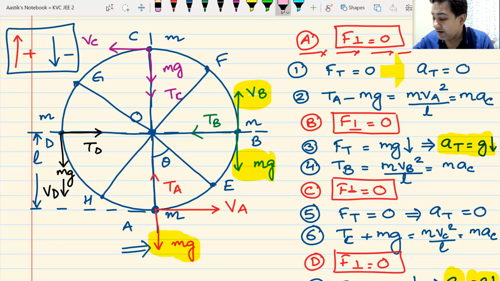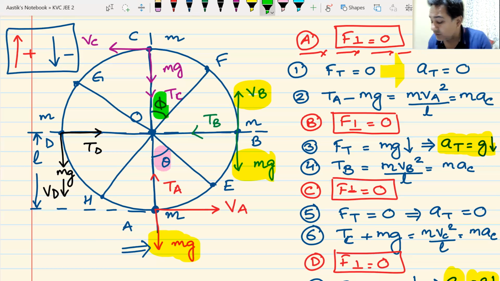And that is why I have given you this angle from the vertical. So right now the angle from the vertical is theta. This theta could be anything. Similarly, for point F, I am making this angle as phi so that you differentiate that one is theta, other is phi, so it is different.